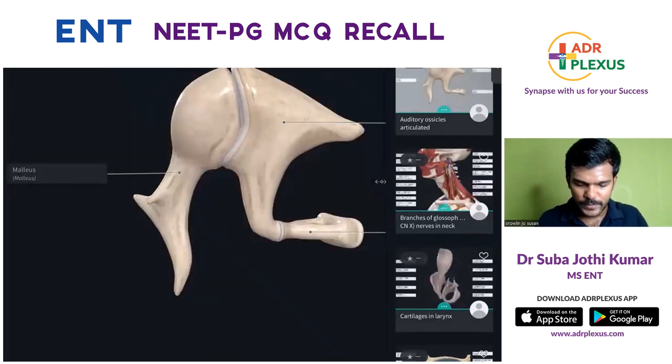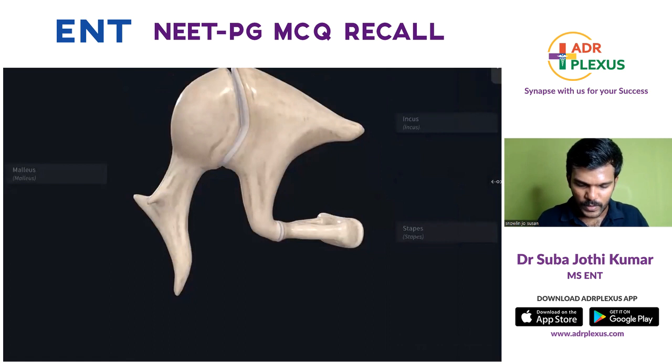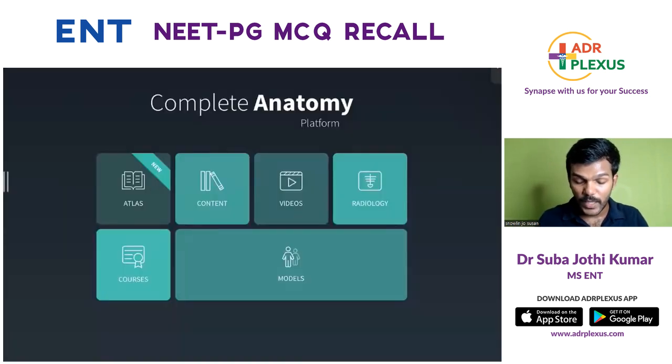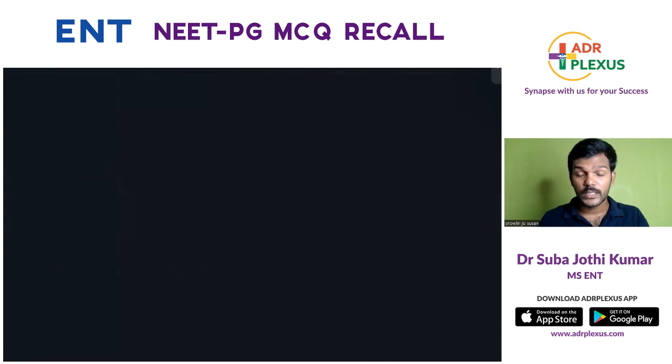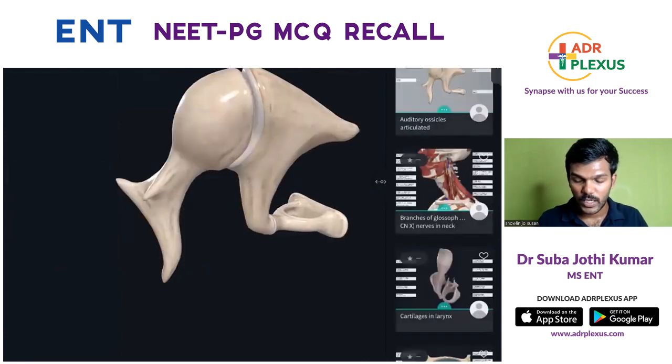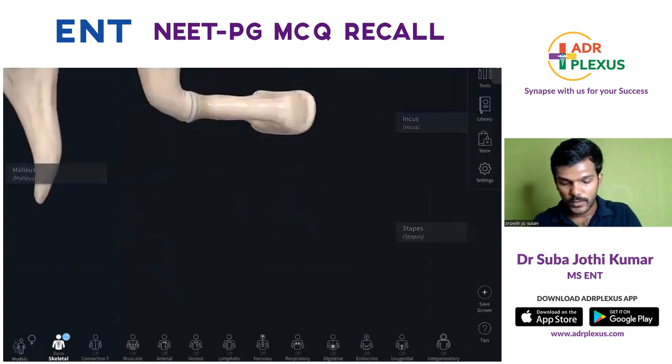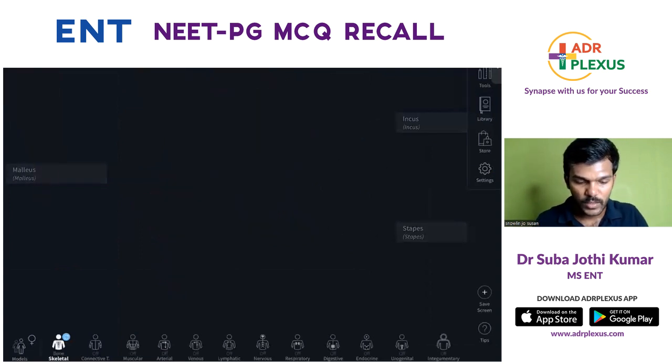See, this is malleus, this is incus, this is stapes. Okay. So this shape has particular value because that will define the important surgical anatomy of these structures. I have already told you the important surgical anatomy of malleus, incus, and stapes.